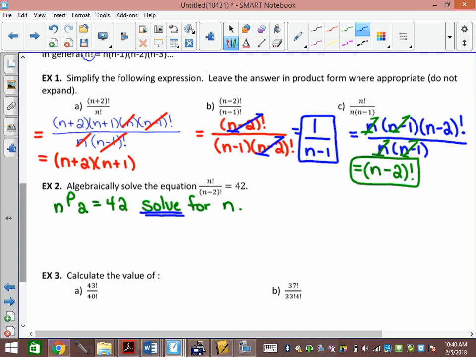So we always expand the bigger one. So we're going to get n, 1 less, n minus 1, 1 less, n minus 2. Do I keep going? No, I can just put a factorial symbol behind that. And then the bottom will cancel off with it, right? And it equals 42.